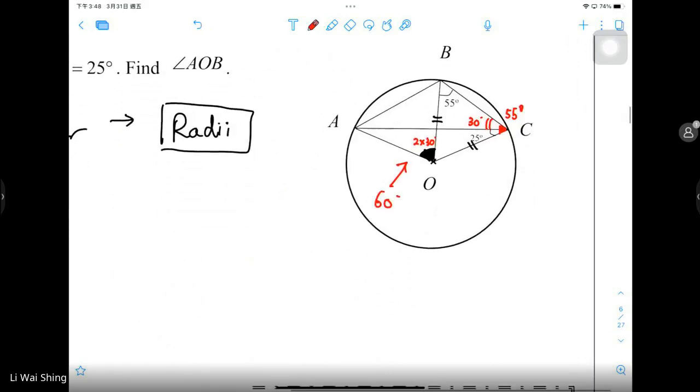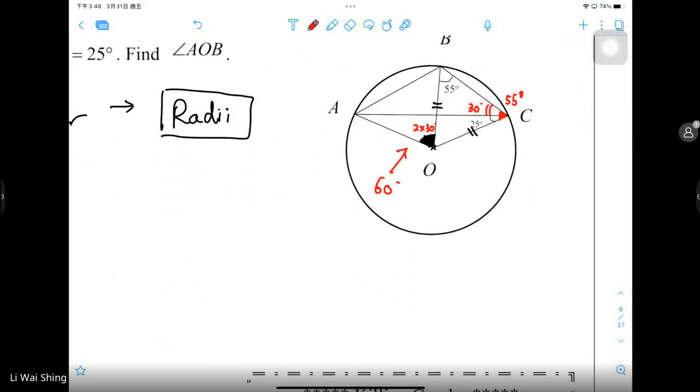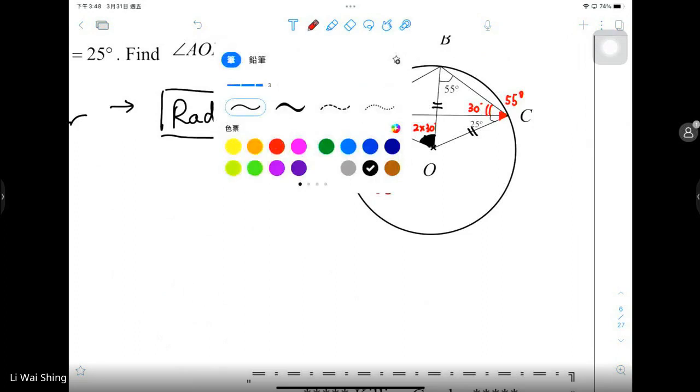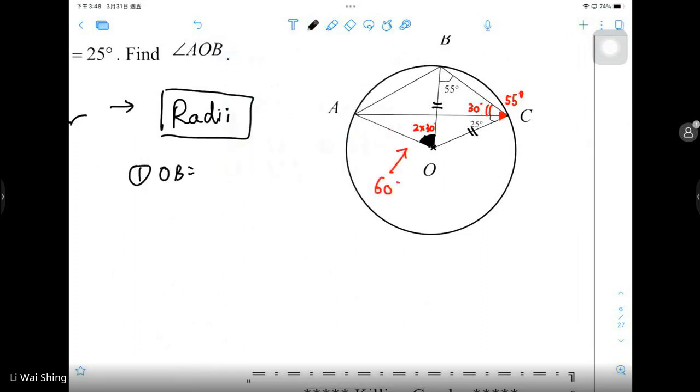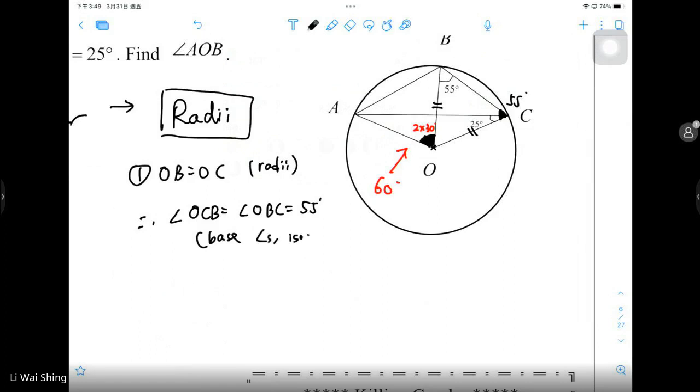Okay, so if you want to write down the steps, let's write it one by one. Step 1, OB equals to OC by radii. Therefore, angle OCB equals to angle OBC equals to 55 degree. Base angles isosceles triangle.